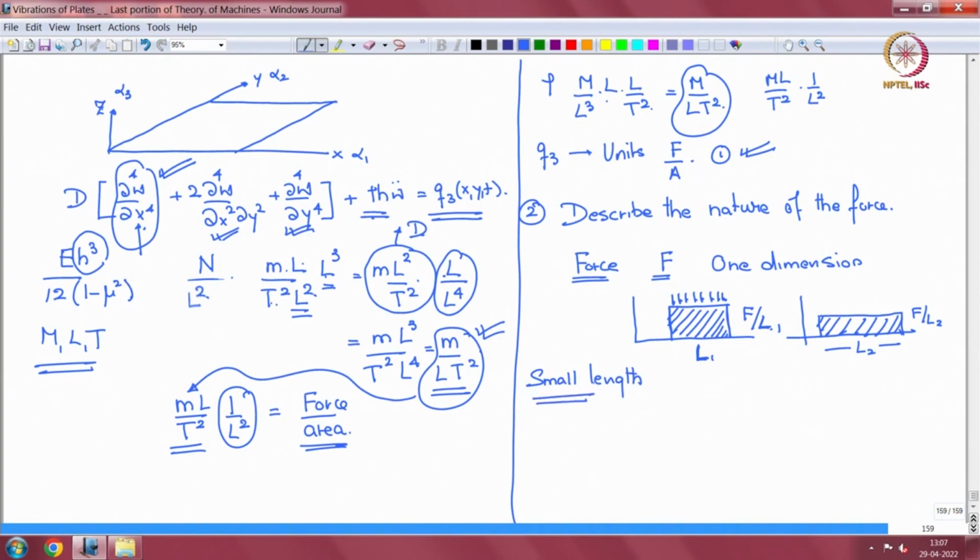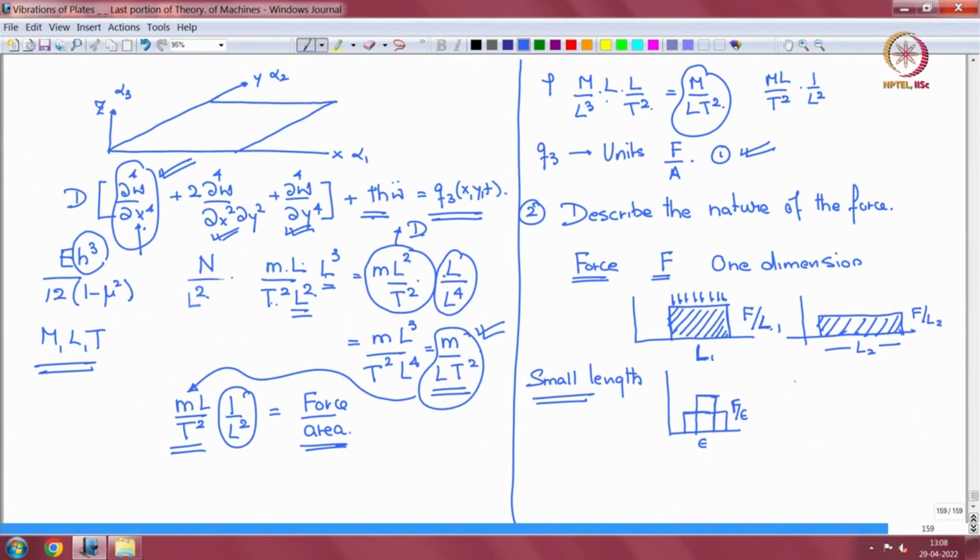Then as my length shortens, over a shorter length my force per unit length goes up. I will call this length epsilon, so the force per unit length is F over epsilon.